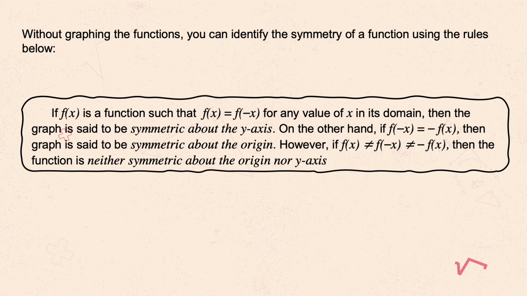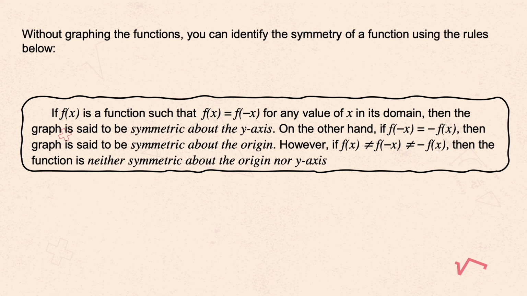Here in this theorem, it is symmetric about the origin. Therefore, if a function is odd, it is also symmetric about the origin. Again, to summarize this, if a function is odd, then it is symmetric about the origin, while if a function is even, then it is also symmetric about the y-axis.